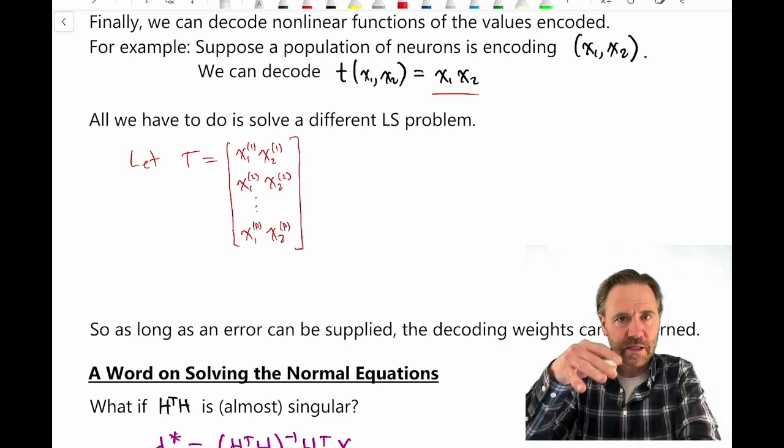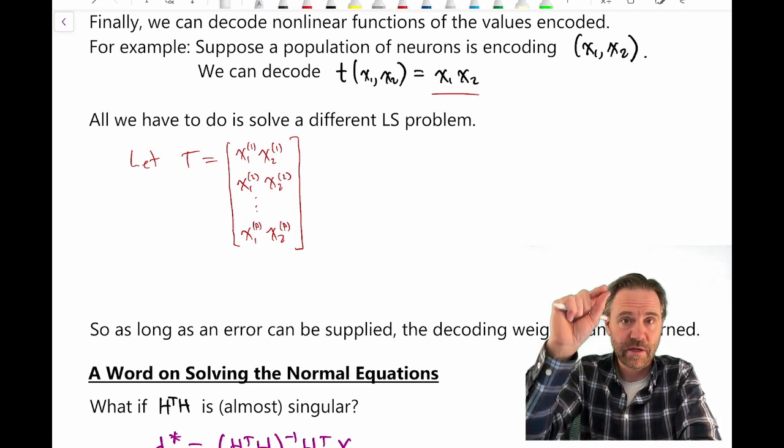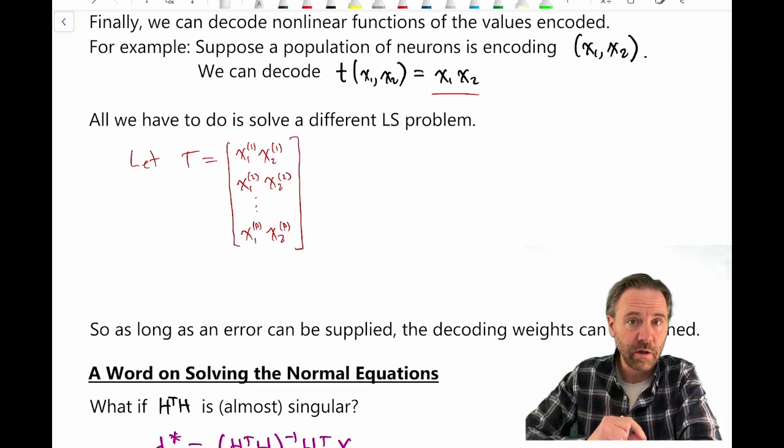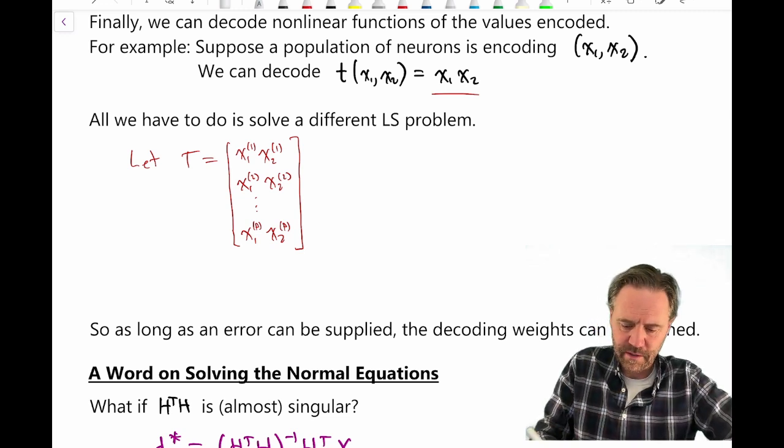So this is not a matrix with two columns. This is a vector with a single column. Each element happens to be the formula of the product of x1 and x2.